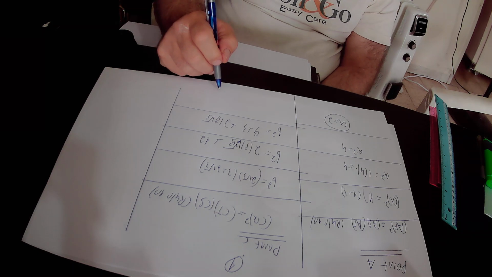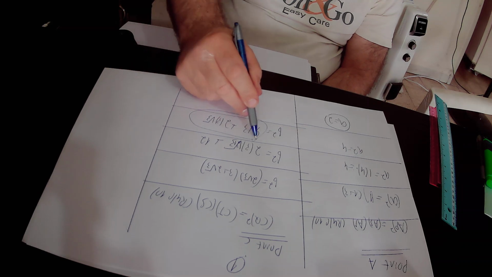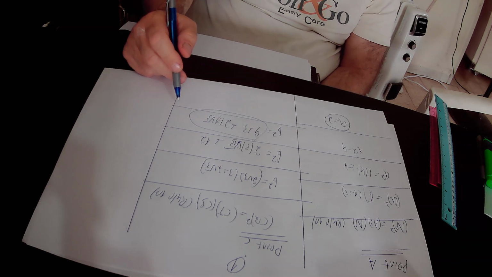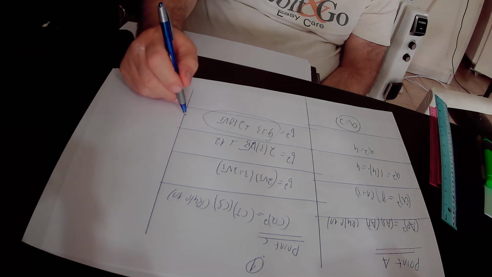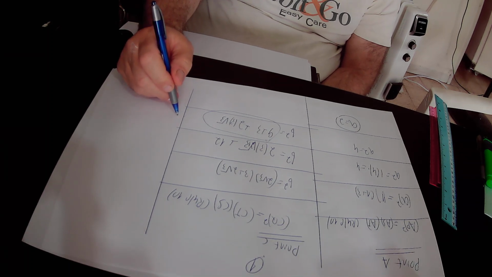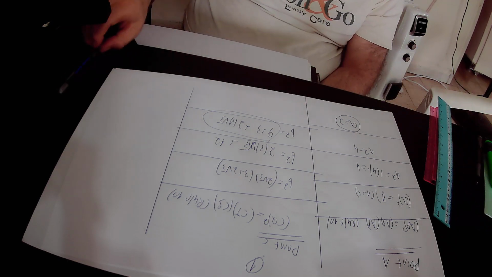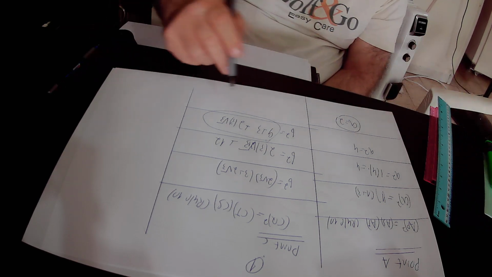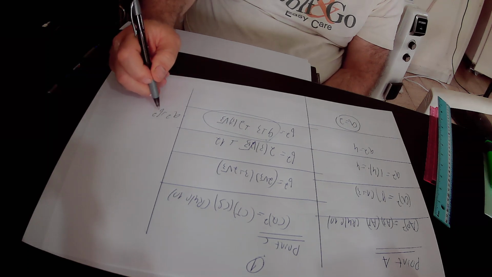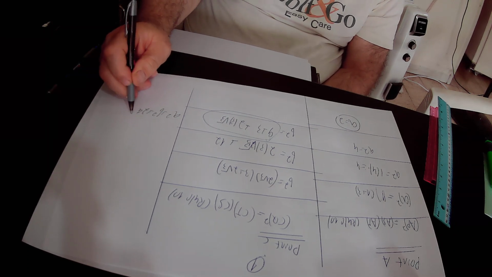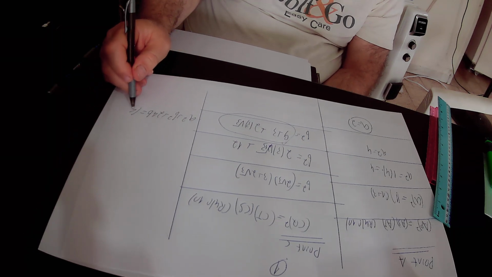So here, this expression 9 plus 3 plus 2 times 3 times square root of 3 is very similar to the algebraic identity that states that a squared plus b squared plus 2 times a times b equals a plus b squared.